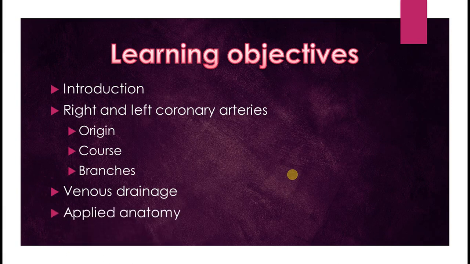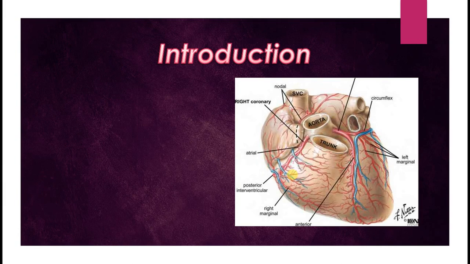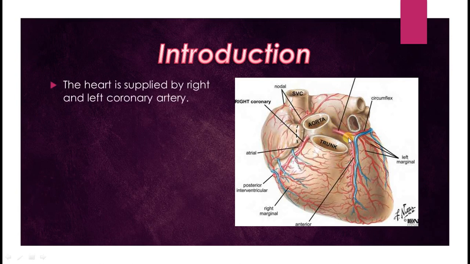aspects. Now, coming to the blood supply of the heart, we all know that the heart is supplied by two arteries, mainly the right coronary artery and the other one is the left coronary artery.